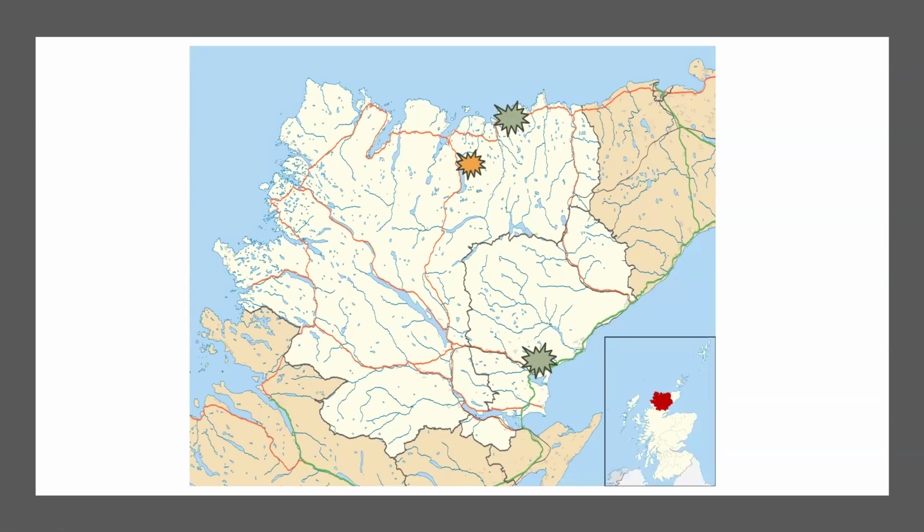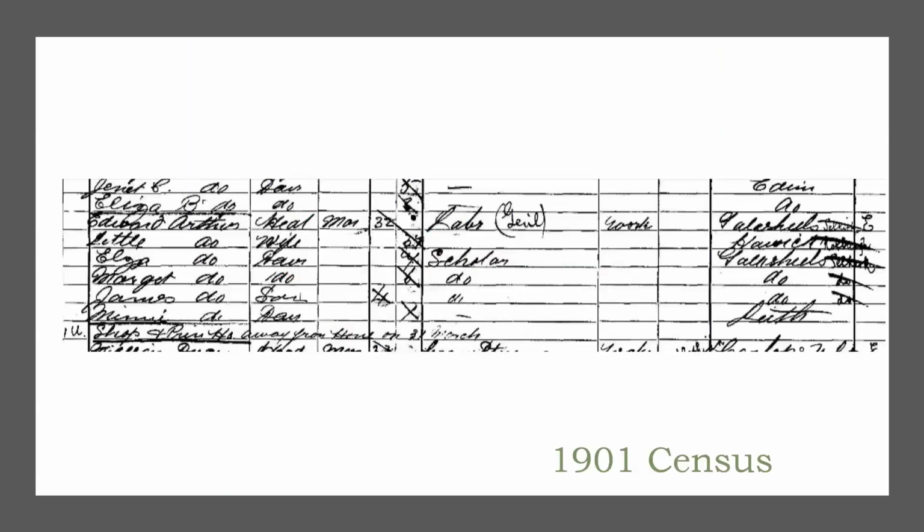So that's a case where I kept researching until I found something that worked. And the baptismal record had the name of the place they were living. So then here we have her again. She's married to Edward Arthur.